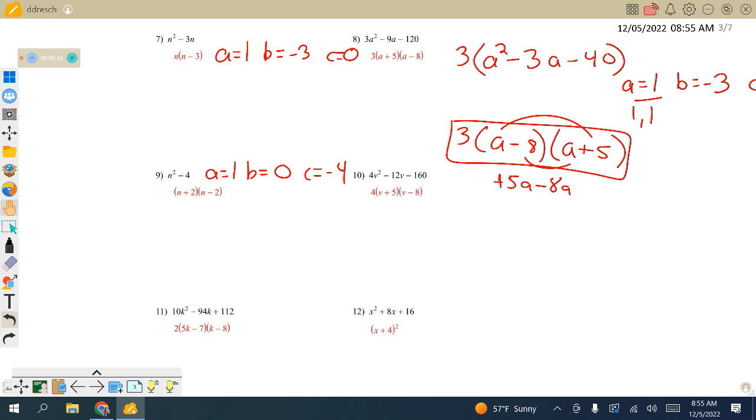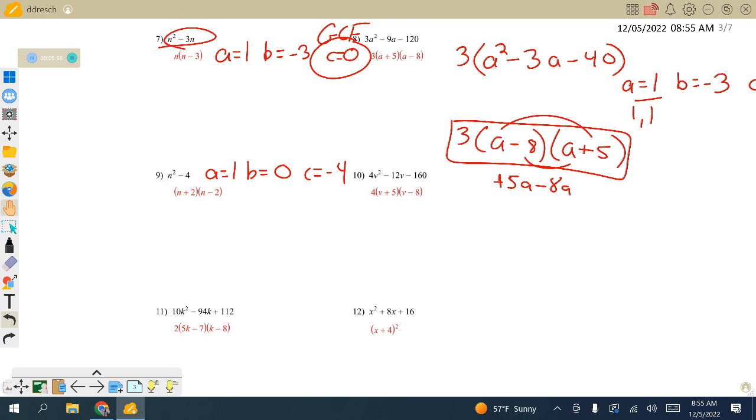All right. So we said if C turns out to be 0, you have to do your thought process a little bit differently, and you have to do a GCF. Anytime C is 0, you kind of forget everything we've talked about the last couple days and do the GCF. So that's what we're doing on number 7. We're doing a GCF up here.